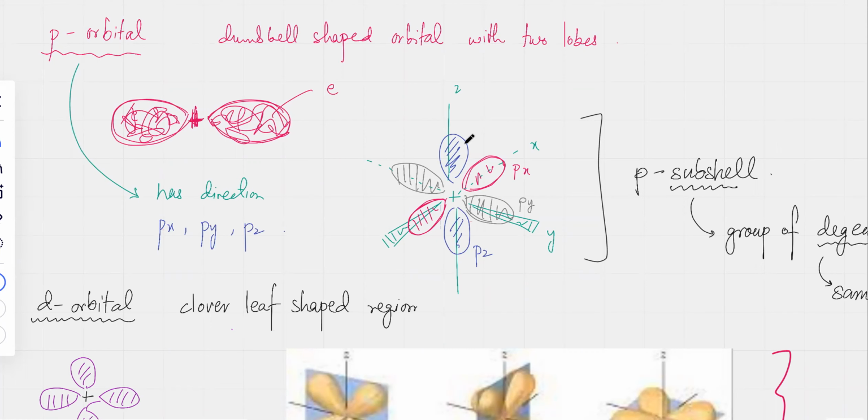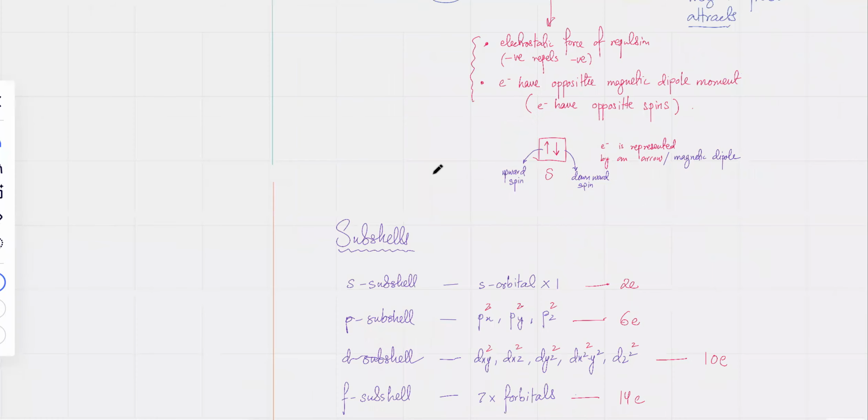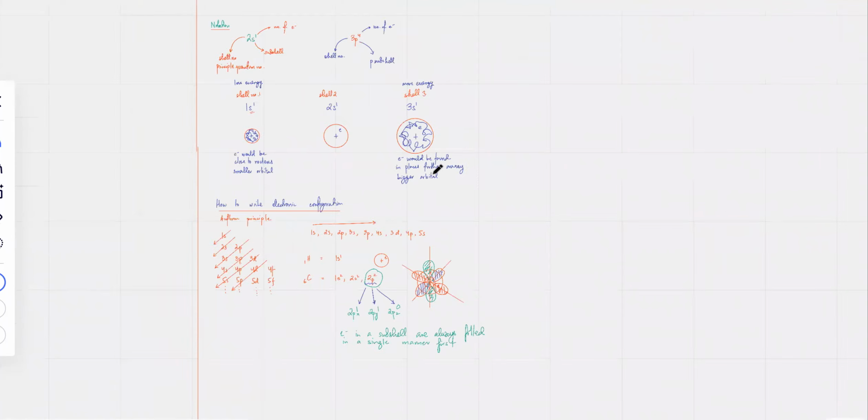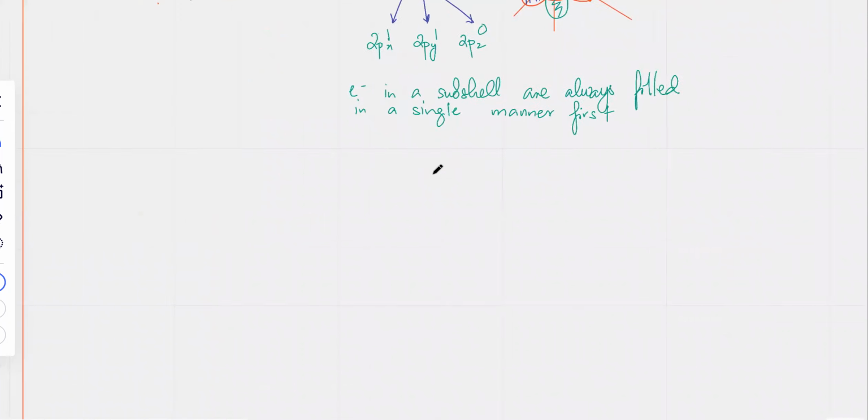So a p subshell, or any subshell, would always be filled in a single manner first. Once they become half filled, then the second electrons start entering. So when you're trying to fill a p subshell, let's try and fill the 2p subshell. We just did that, 2 electrons. How would 2 electrons fill up? The p subshell has 3 different p orbitals.